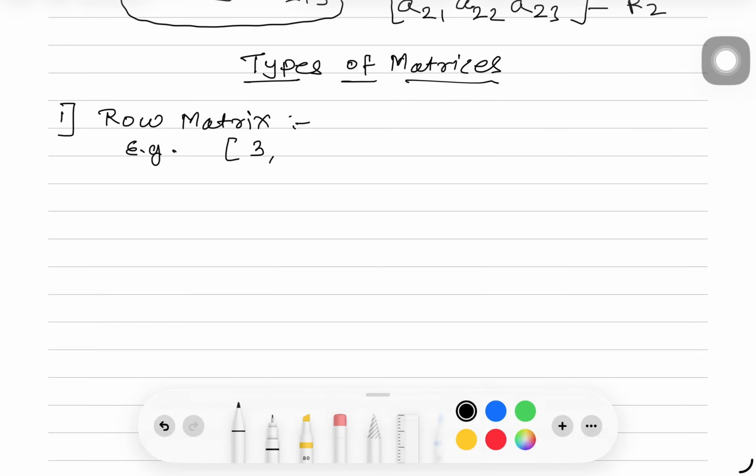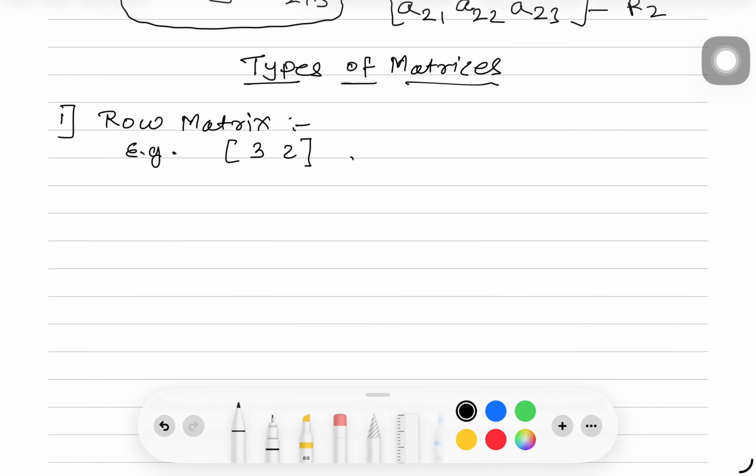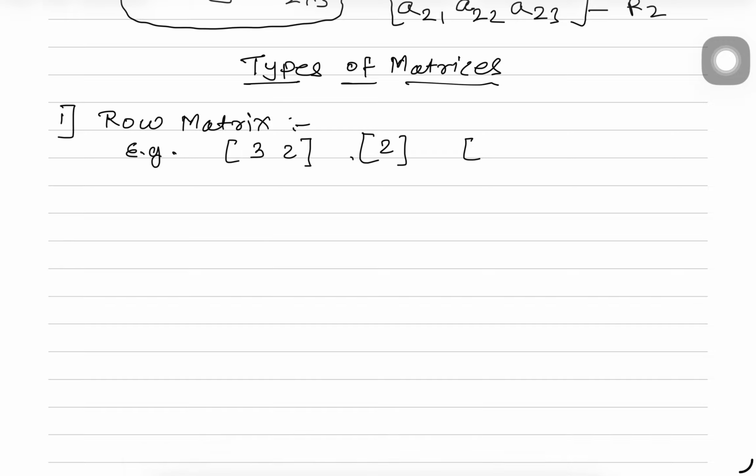You have to understand that we cannot put a comma. It's a big mistake. Okay. So 3, 2. Next example, 2. Next example, 2, 1, 3.